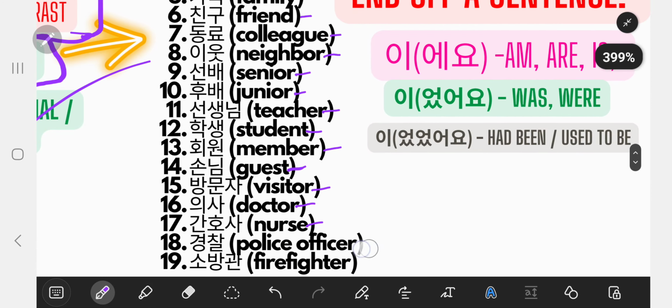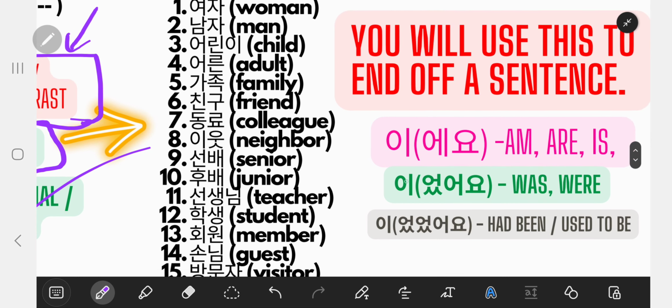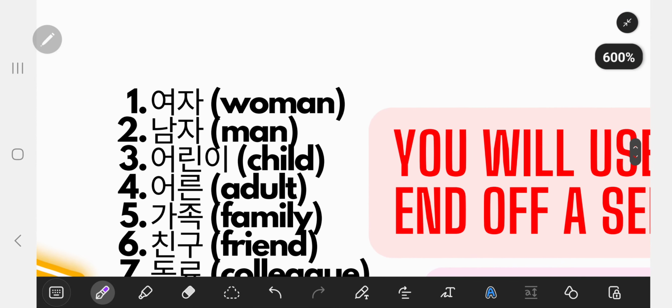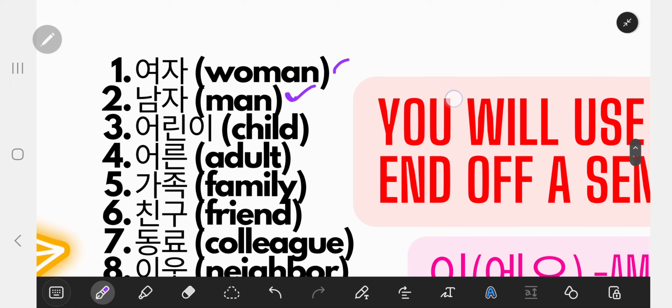And then it'll be the same exact rule for all the other ones. So let's say you wanted to do the past tense of the verb, was or were. Then you could say 여자 3, 2, 1 였어요. 여자였어요. 남자 3, 2, 1 였어요. And 어린이 3, 2, 1 였어요.